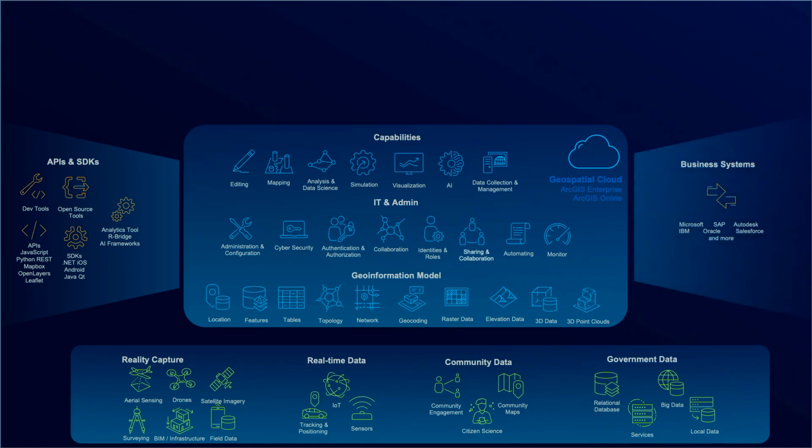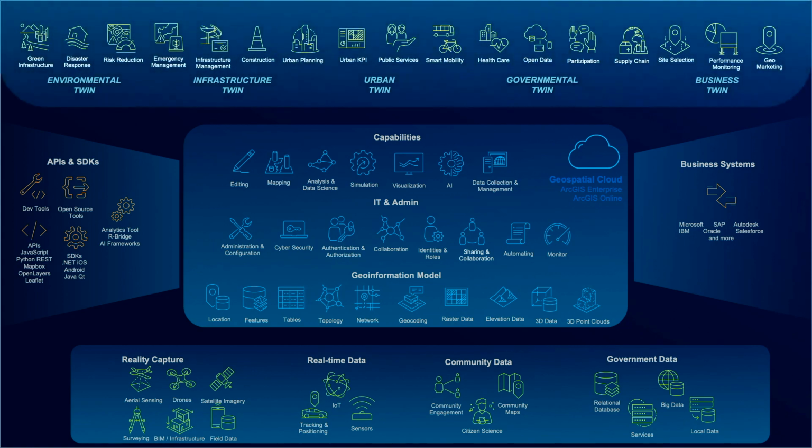You also can connect to other business and enterprise systems. And then on top of it, you have all these different applications which we already provide, which can help to create those twins, to help managing those twins and being themselves the twins.